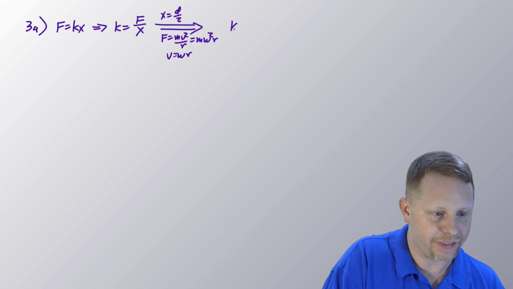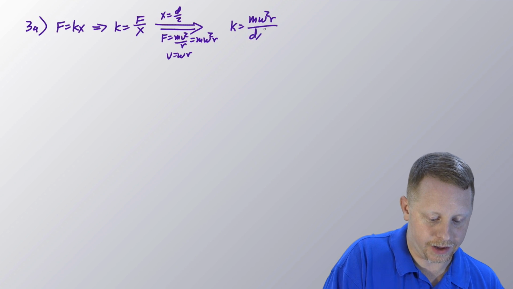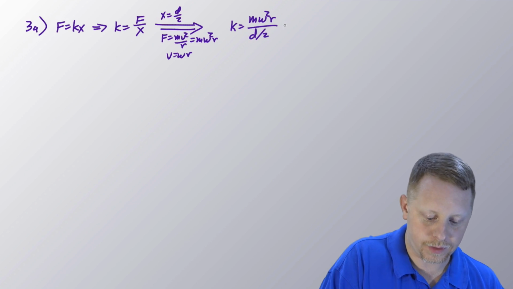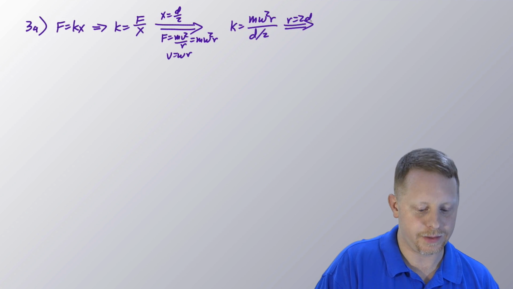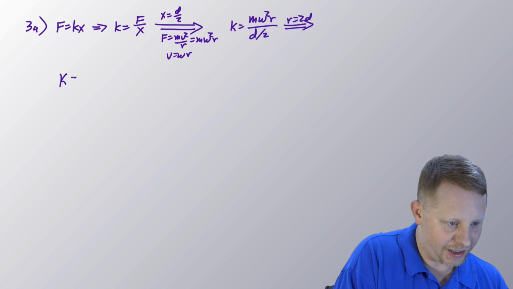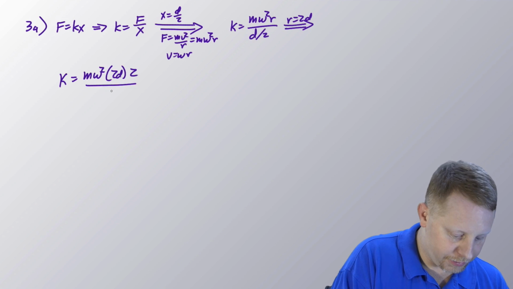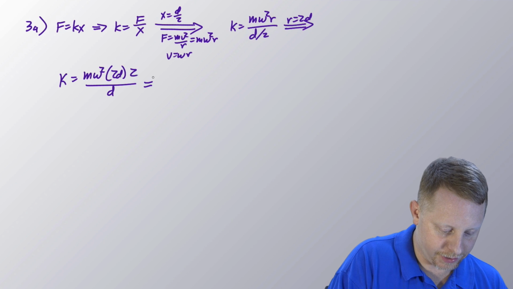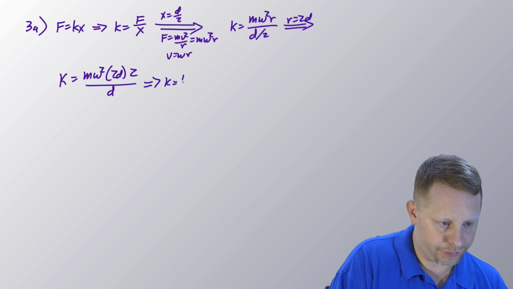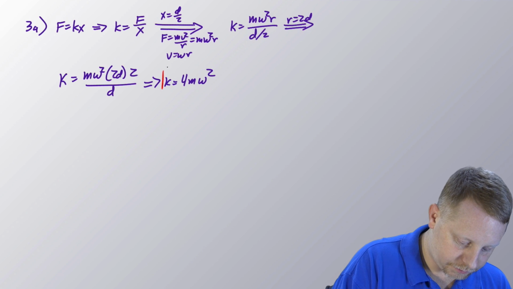So we could write then that k is m omega squared r divided by d over 2. But r, our radius, is 2d. So this implies then that k is m omega squared times 2d times 2, all divided by d. Or simplifying this, we come up with the spring constant, k equal to 4m omega squared.